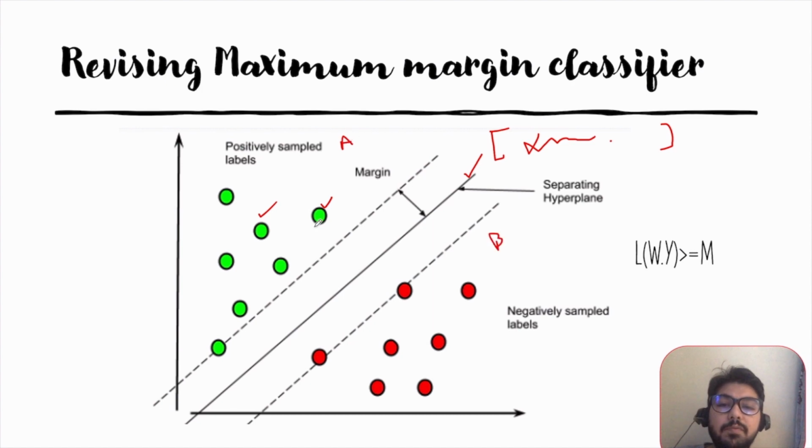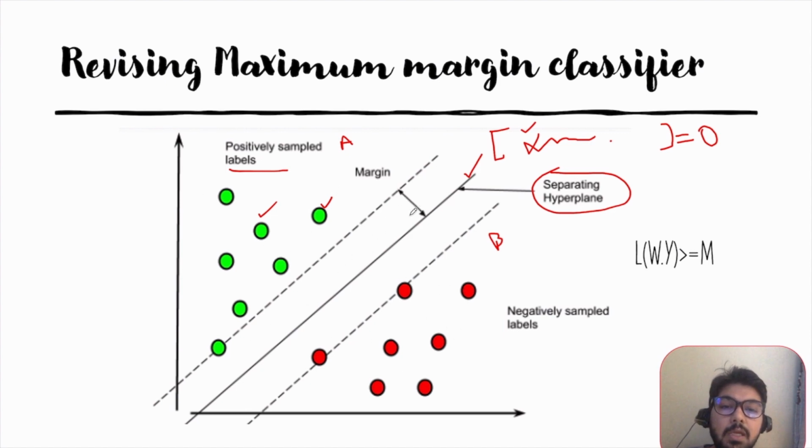As you can see, I have two kinds of points, the green points and the red points. The red points are labeled as negative sample labels and the green points are the positive sample labels. By using the classifier and making it equal to 0, as we discussed in the last lecture, we came to the concept of the hyperplane, which divides the two classes.